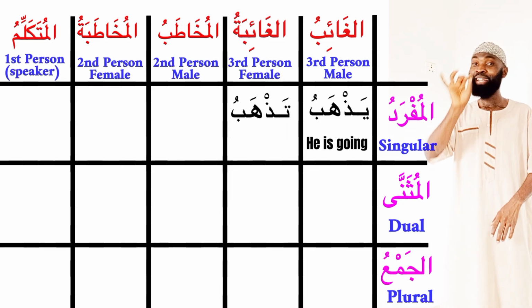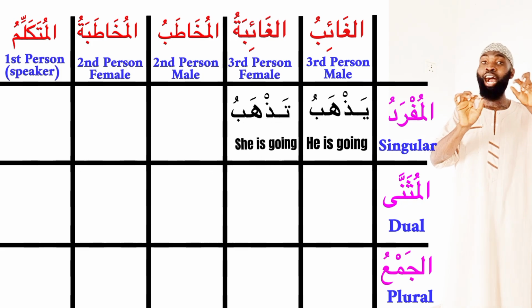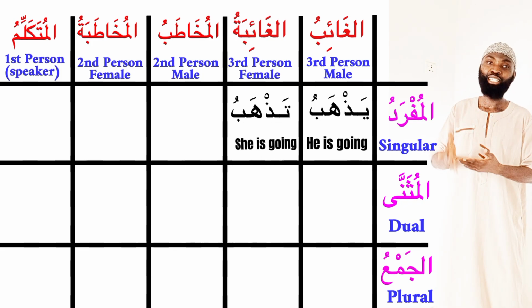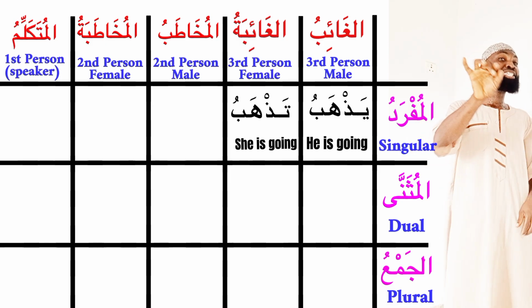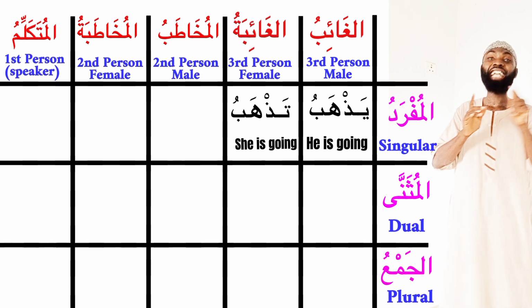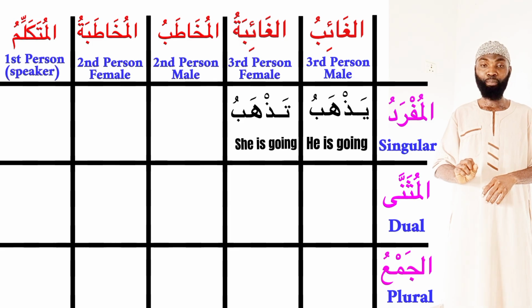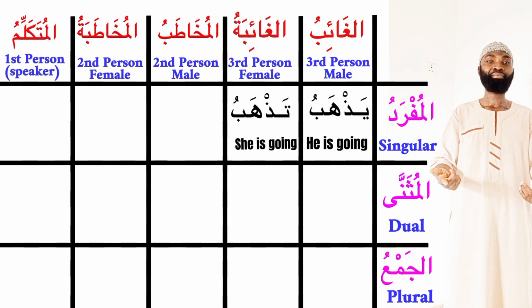Instead of yadhabu, it becomes tadhabu. What do you notice? You have seen how this verb has changed from using ya at the beginning to using ta. This is the significance of aneitu, which I told you earlier. So now the ta is used for female singular here, third person. So we have tadhabu, she is going.